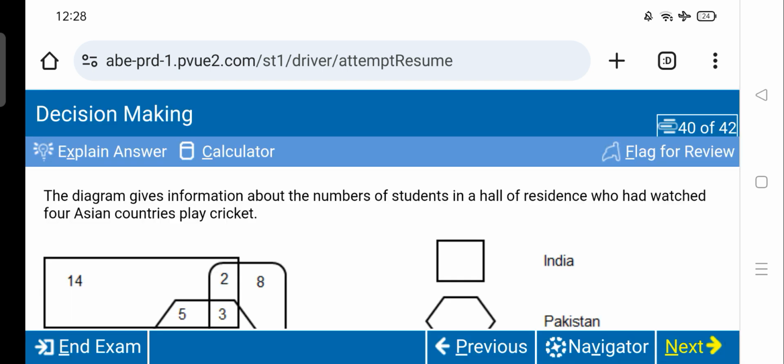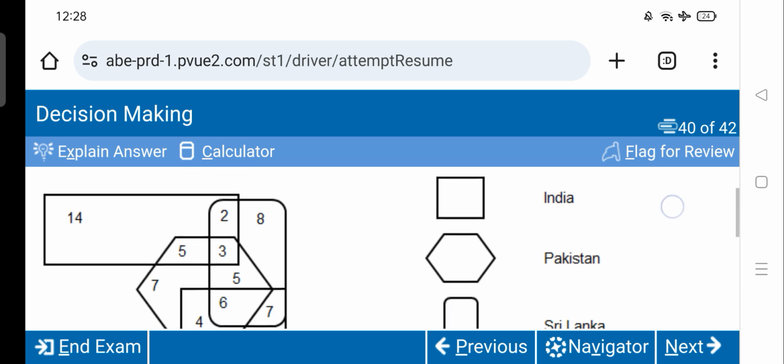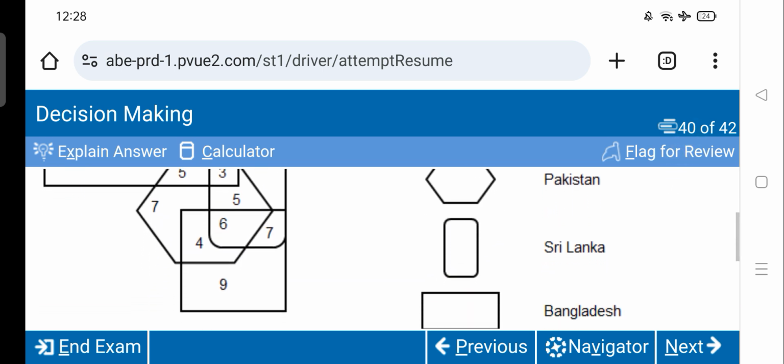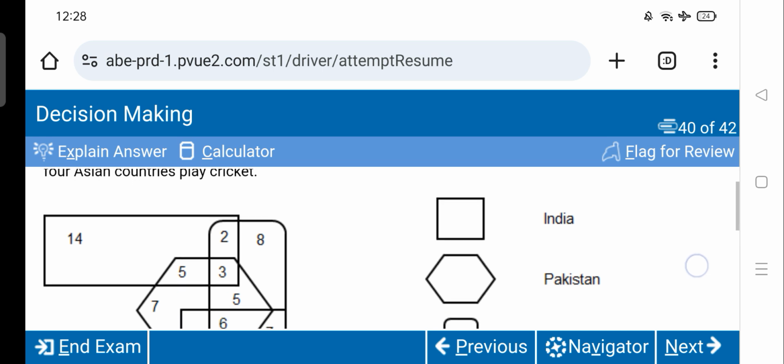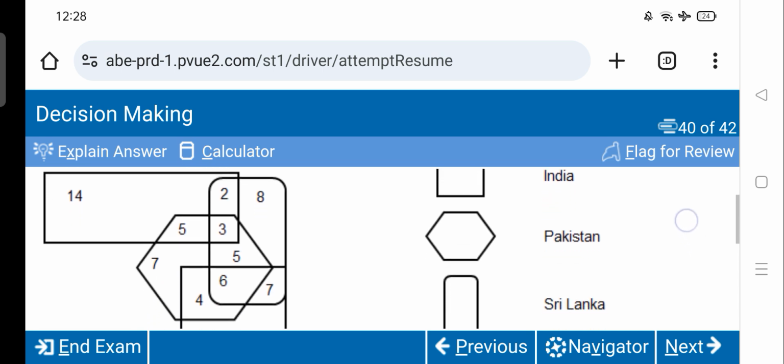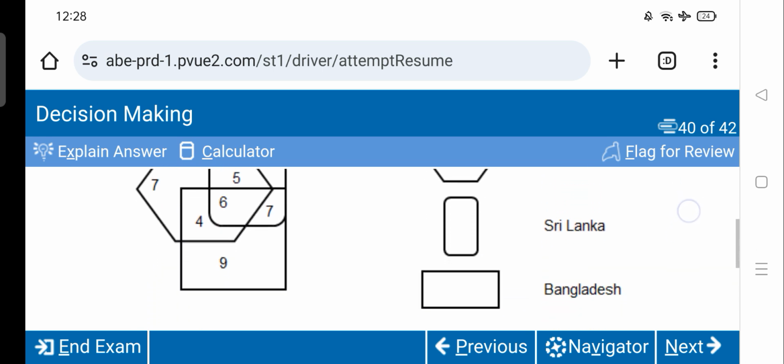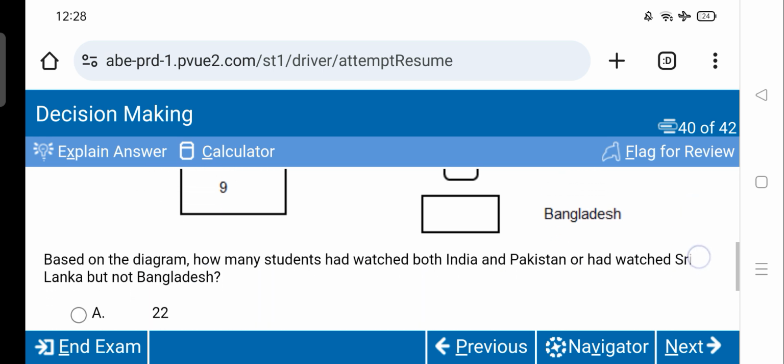Next we have a diagram that gives the information about the number of students in a hall of residence who had watched four Asian countries play cricket. So here we have this diagram, the numbers within these shapes. First represented India, then we have Pakistan, Sri Lanka and Bangladesh.